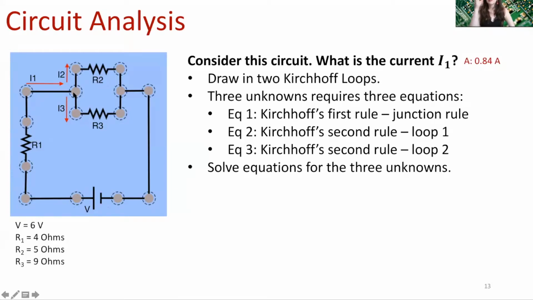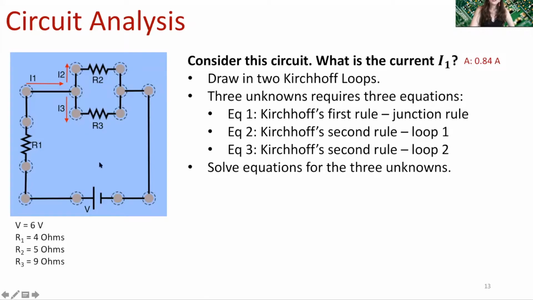And then that current splits off into two paths, and part of it, which I'm calling I2, goes through resistor 2, and the other part of it splits off, and I'm calling that I3. I3 goes through resistor 3. And so current I3 here, current I2 up here, they combine at this junction, come back out, and they sum together to give me I1 back again, okay?